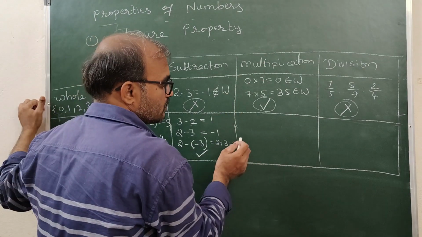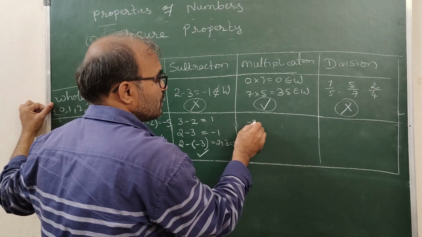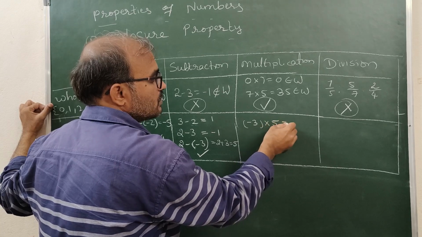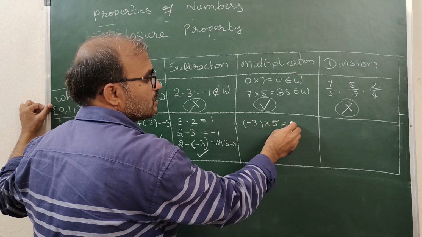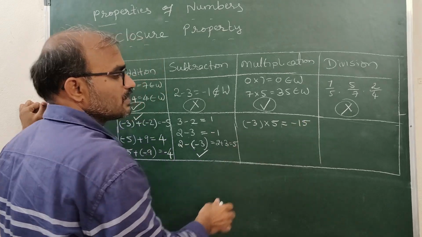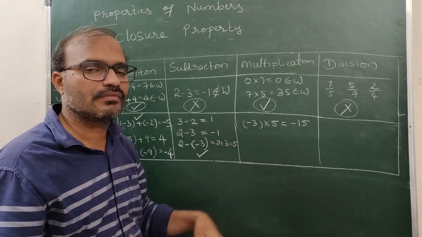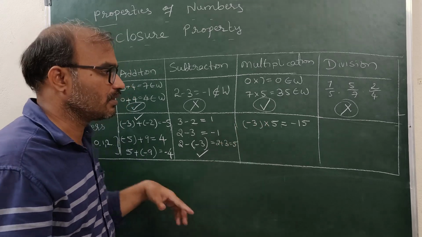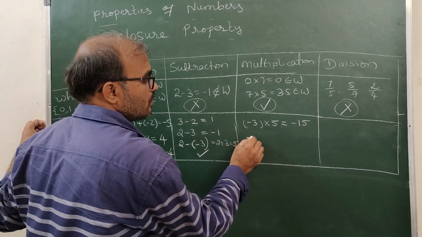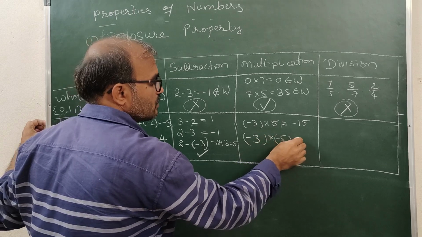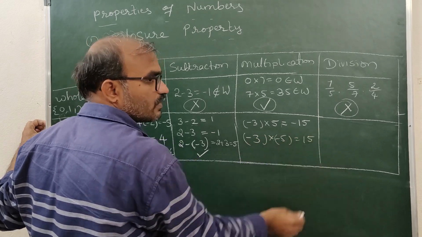Now multiplication. Take any two numbers: minus 3 times 5, or 5 times minus 3. 5 times minus 3 is minus 15, because plus into minus is minus. And minus 3 times minus 5 is equal to plus 15.